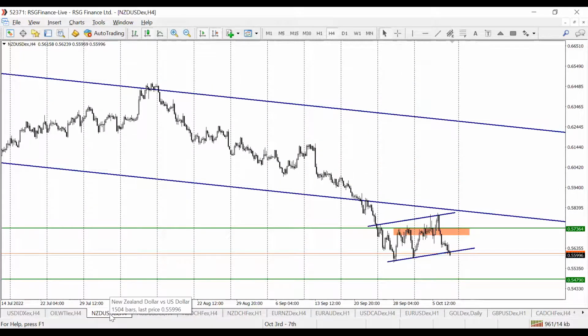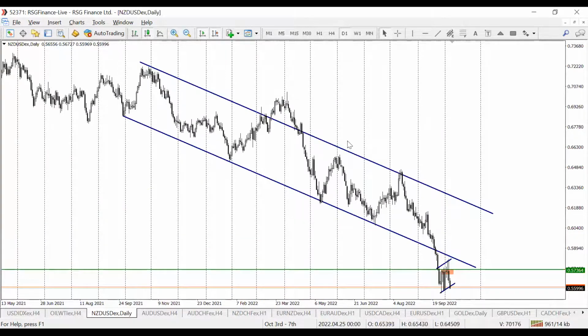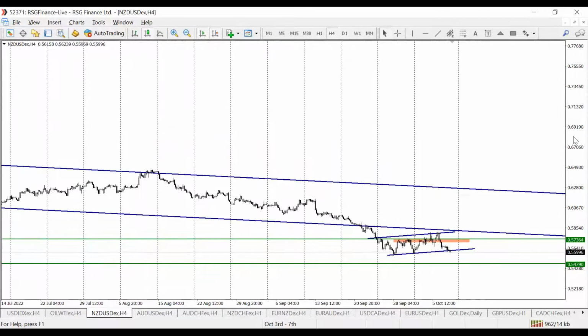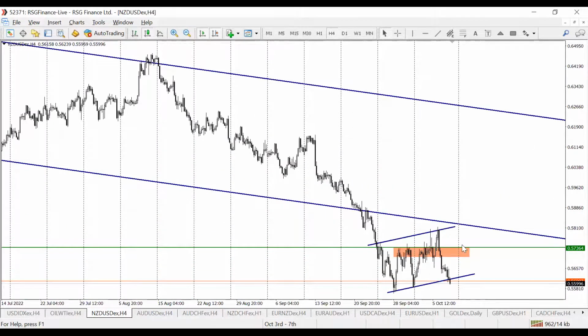Top priority trades for me will be the NZD/USD. If you look at it from the daily charts, we saw the breakout from this channel down pattern. We've been expecting this to resume its downward trajectory down to the 0.5479 level. But what did we get? We got a consolidation.